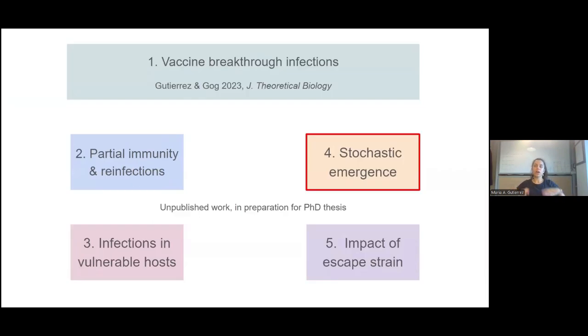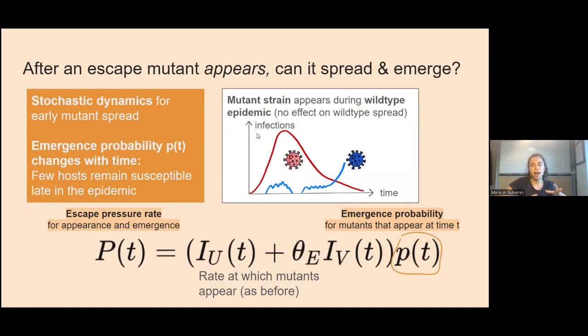Okay, so now a slightly different angle here. I'm gonna go back to just using the background model, so no population heterogeneity and no reinfections with the same strain, but I'm going to study how a new potential mutant escape strain might spread. Specifically, I'm looking at this phase of stochastic emergence.